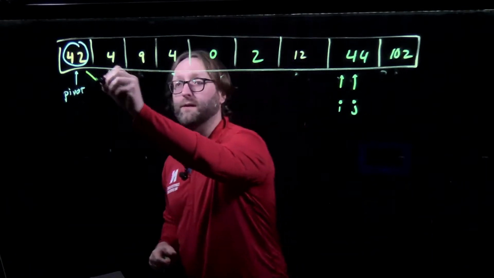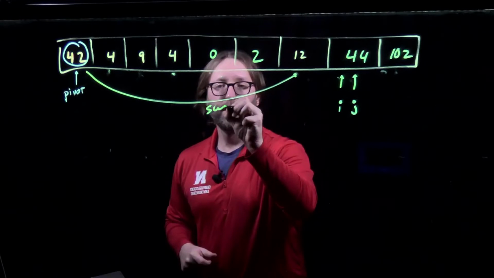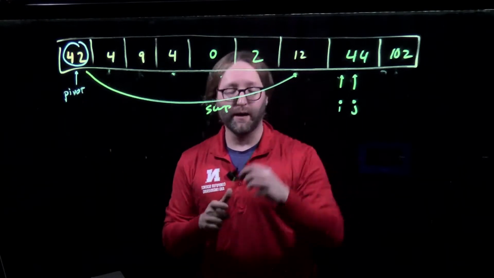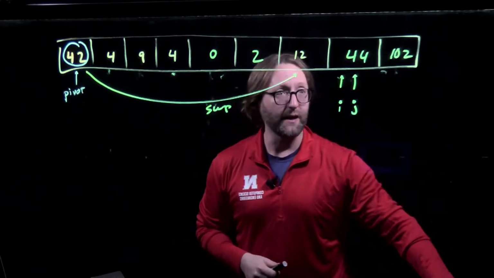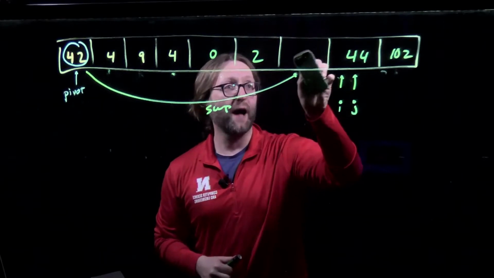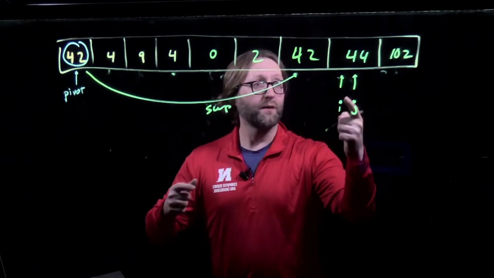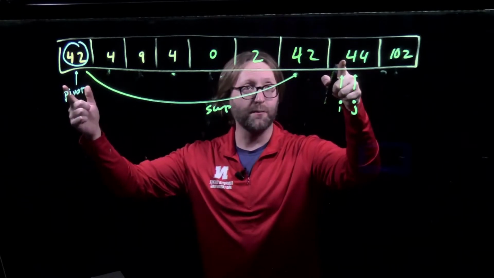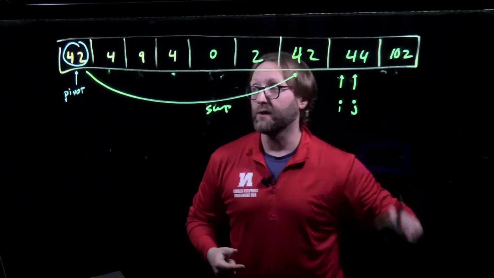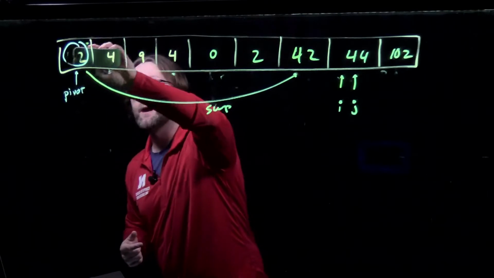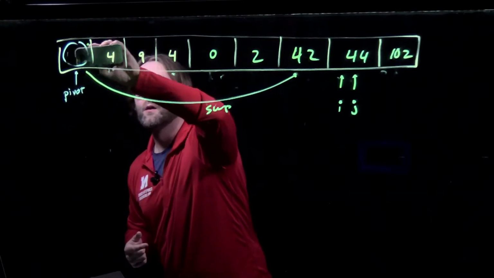We'll end up swapping the pivot element and the one previous to I and J. So in other words, we do have to do a comparison over here to determine whether it's this element that we need to exchange with the pivot element or the one previous to the I and J. So let me go ahead and put over here.